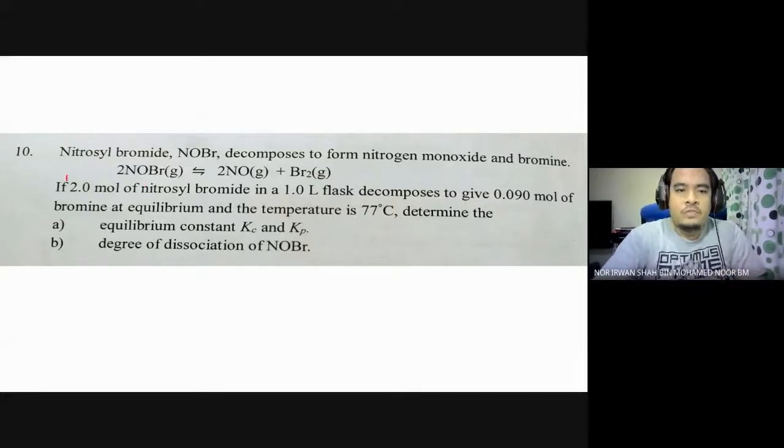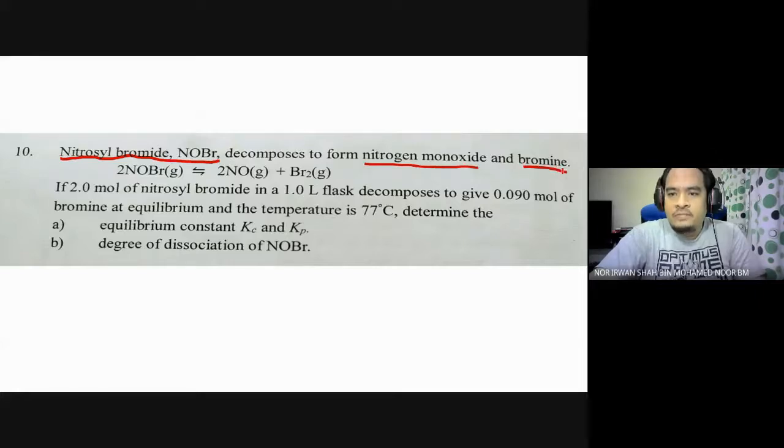We have nitrosyl bromide, NOBr, which decomposes to form nitrogen monoxide and bromine, and the three of these are at equilibrium, right?